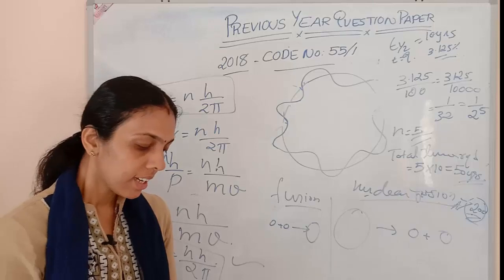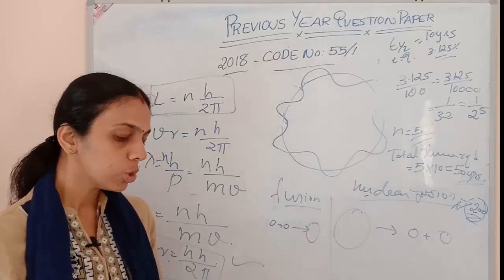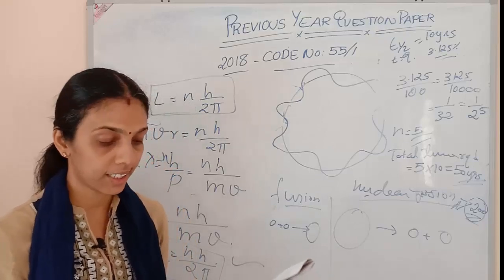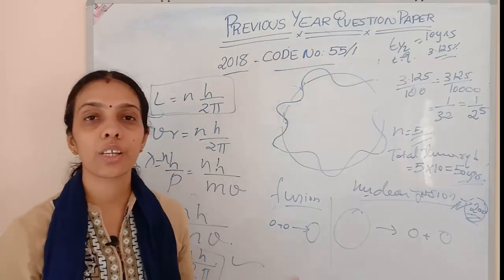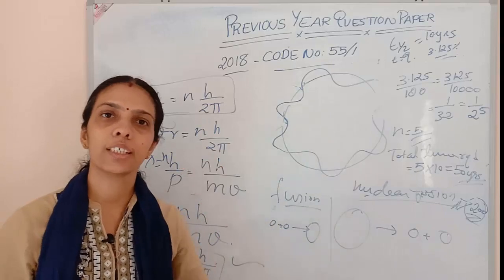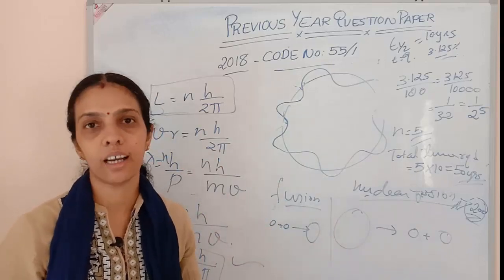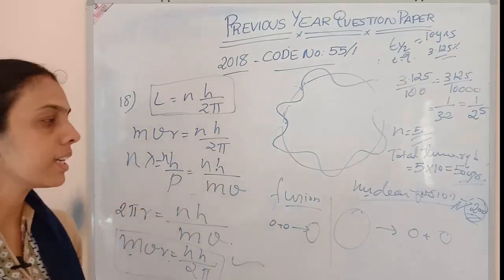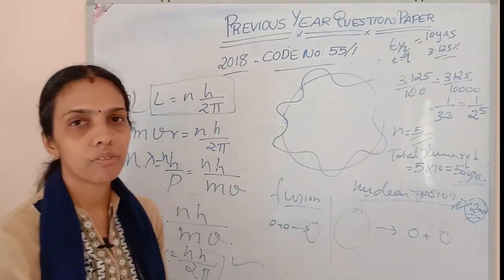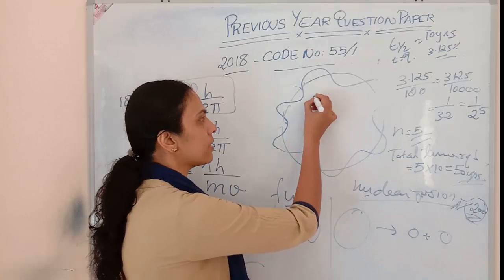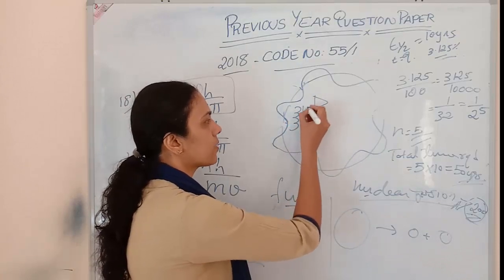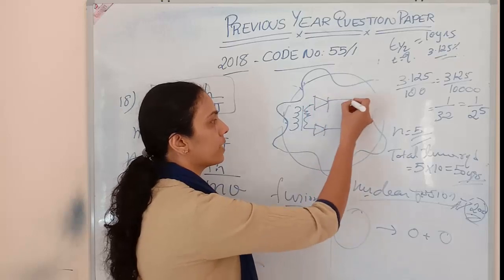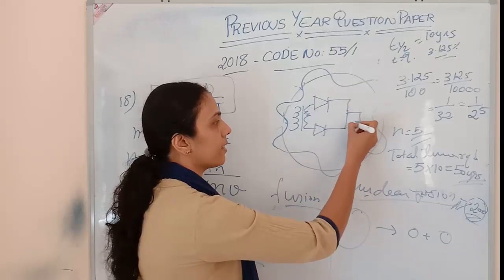The next one: a student wants to use two PN junction diodes to convert alternating current into direct current. So what will that be? Center tapping. We will use two diodes. The transformer is here, and from here we do center tapping to get a continuous supply, isn't it?